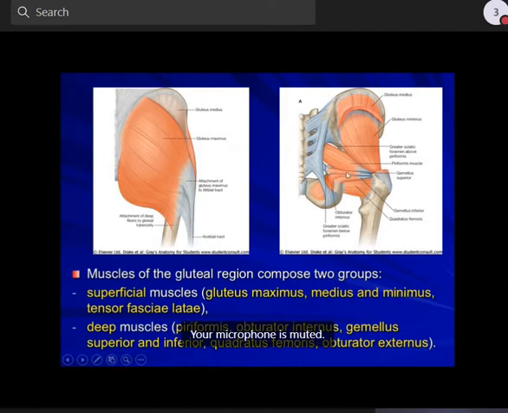And these 3 muscles, together with the obturator internus, insert medially to the trochanter major, to the so-called trochanteric fossa. The trochanteric fossa is positioned just at the base of the trochanter major.